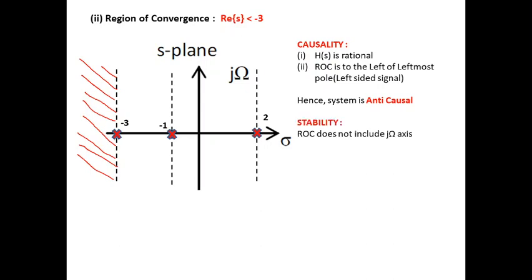Stability: here also the ROC does not include the j omega axis, and hence this system is unstable. So for the given example, the second condition is also unstable.